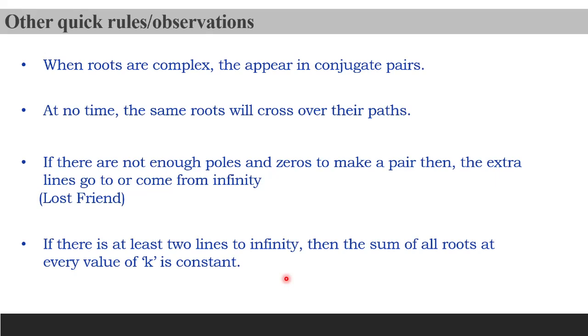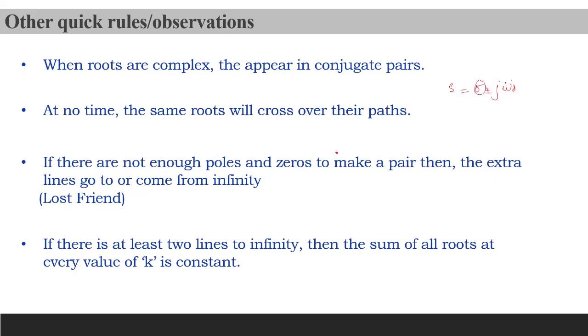We already knew that all of the roots which we have seen appear in complex form will appear in conjugate form. If you remember, in chapter 3 we saw that s equals sigma plus or minus j omega d.